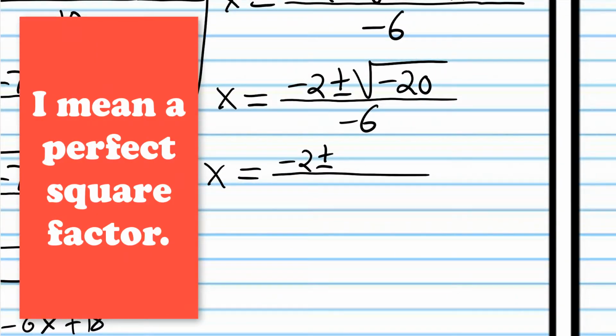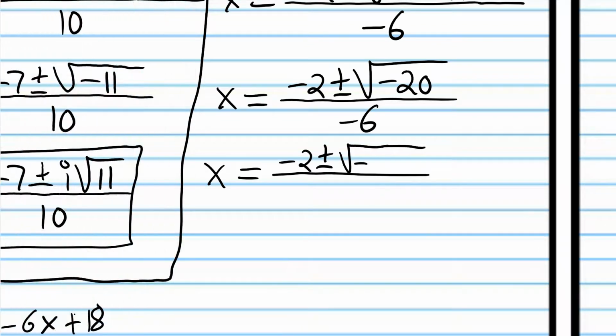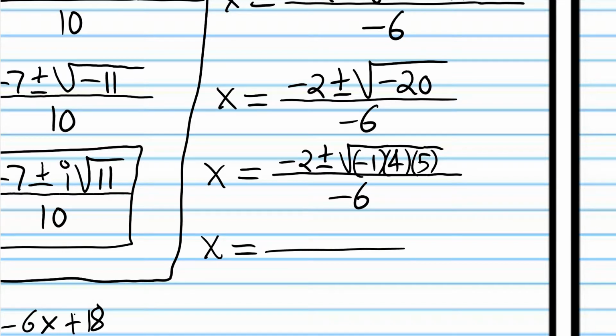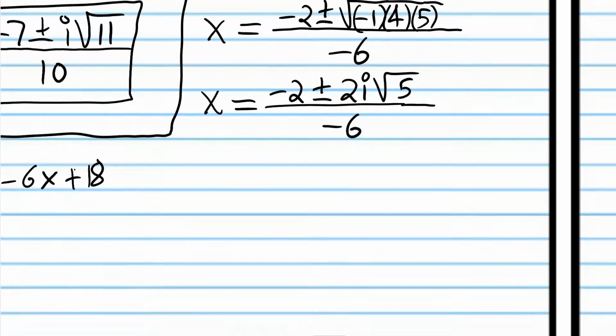So just to remind you, I'm going to factor to find the perfect square, but also to find the negative 1 that's going to come out as an i. And so the negative 1 comes out as an i, and the 4 comes out as a 2. So usually we can just write the 2 in front of the i, and then the 5 stays in because the 5 is not a perfect square.